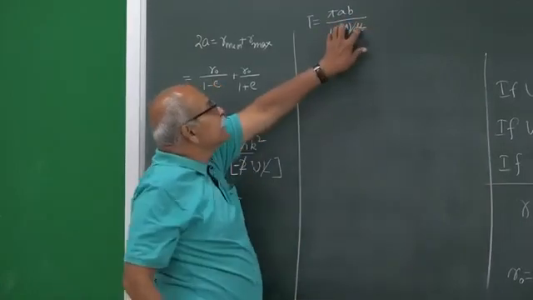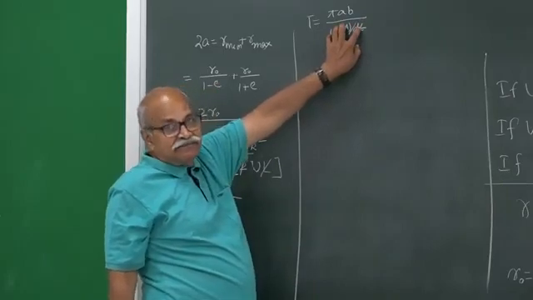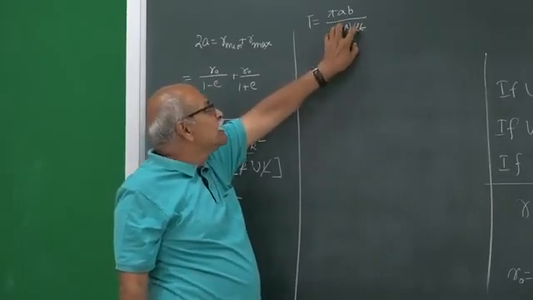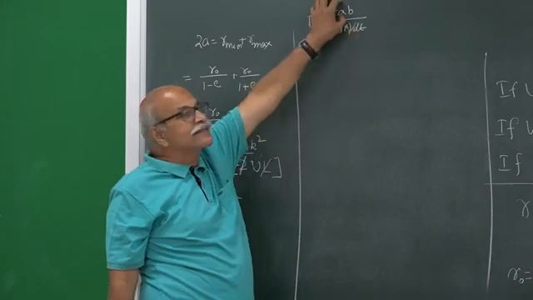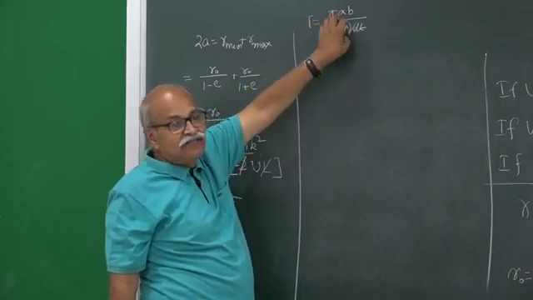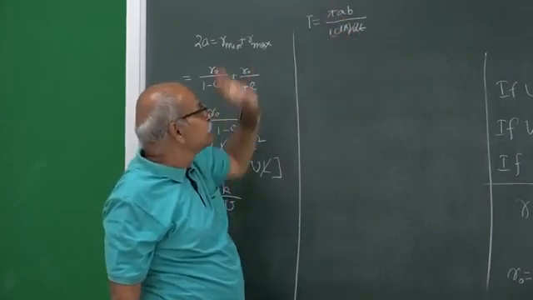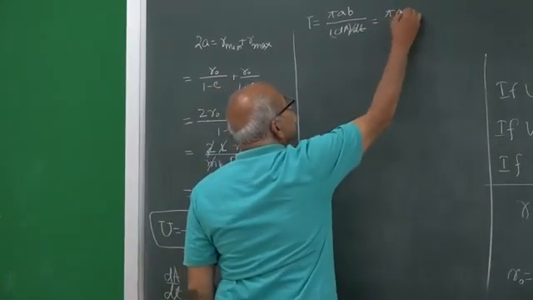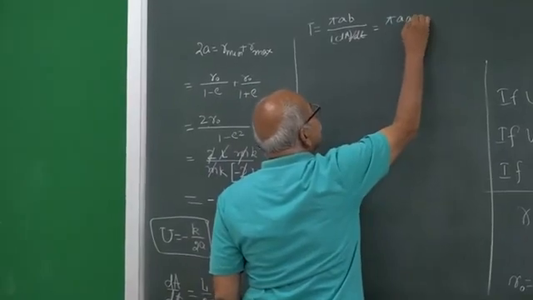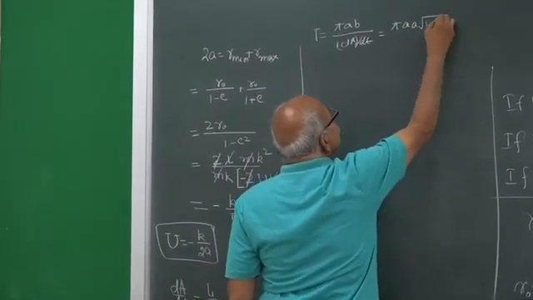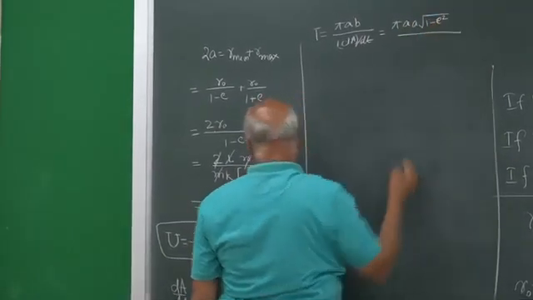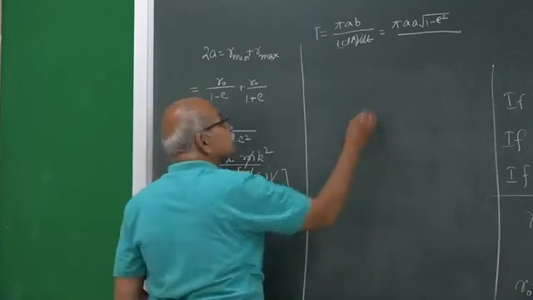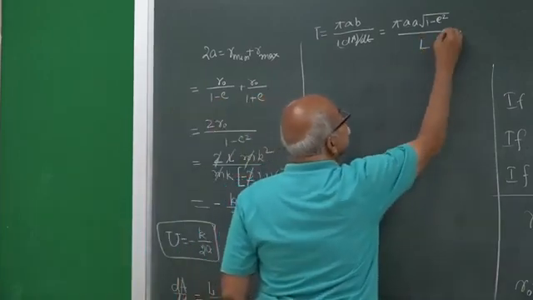This is the area swept per unit time, and the total area to be swept in one revolution is this, and therefore, when you divide you get the time. So, this is pi into a, and b is a square root of 1 minus e square, divided by dA dt, which is L by 2m. So, L here and 2m here.